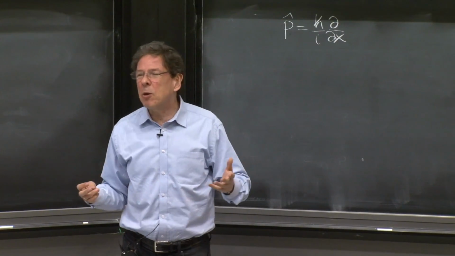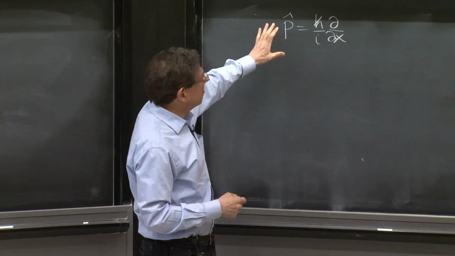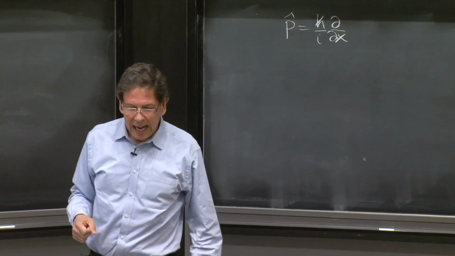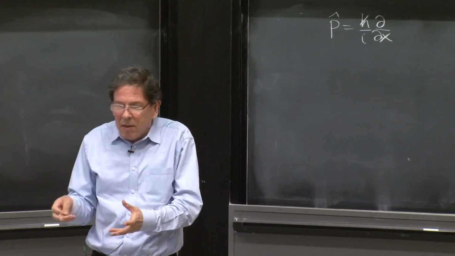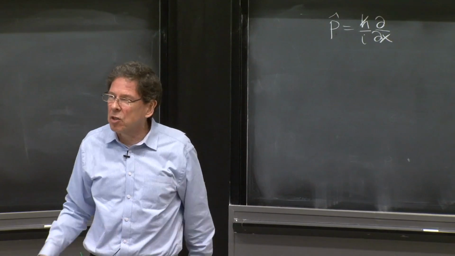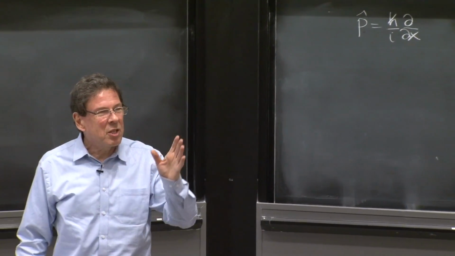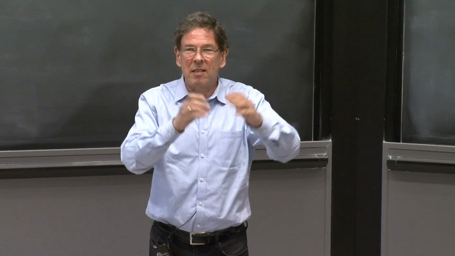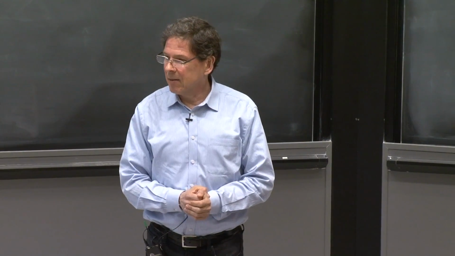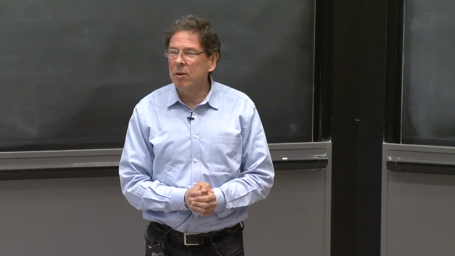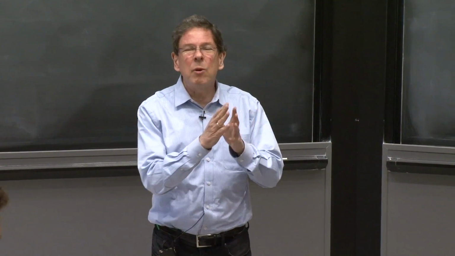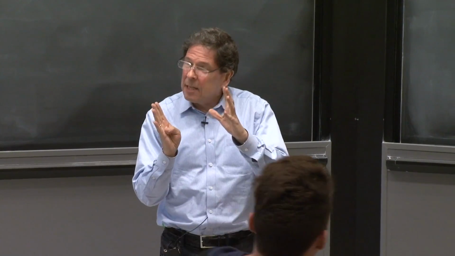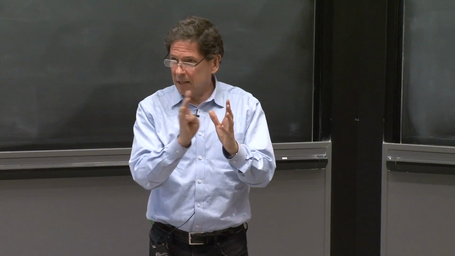But how does it do it? This is a Hermitian operator, and it takes a derivative. It doesn't translate the function. But there is a universal trick that if you exponentiate i times a Hermitian operator, you get a new kind of operator that actually, in this case, moves things.